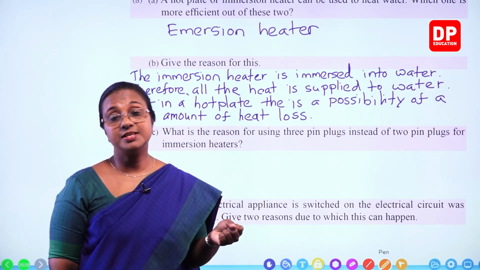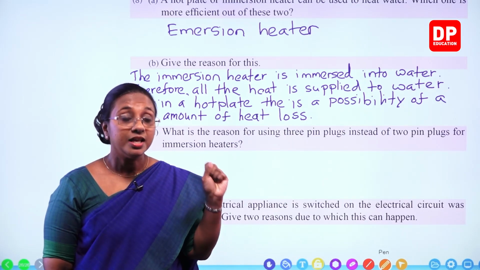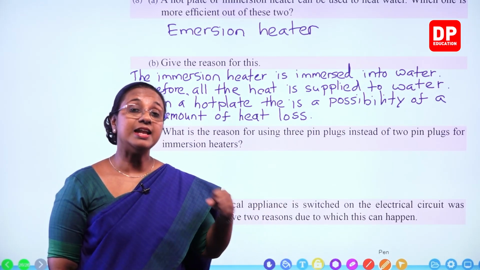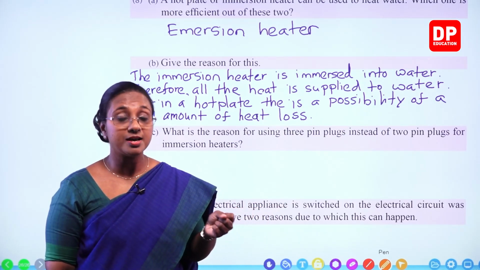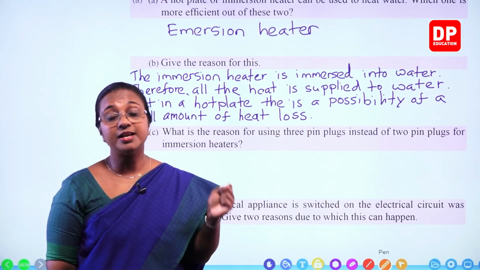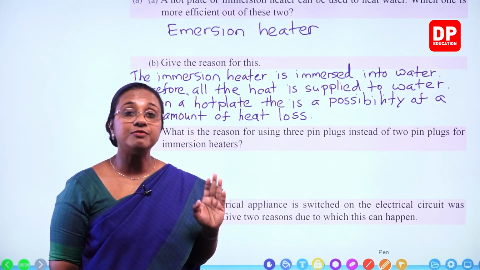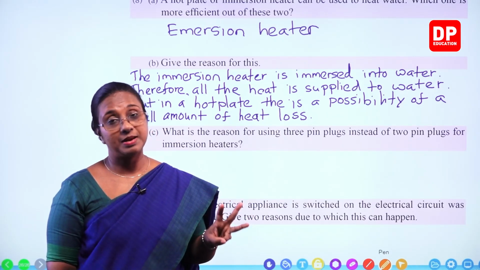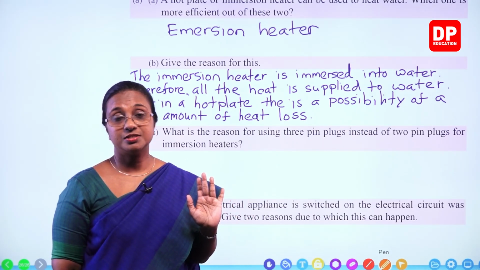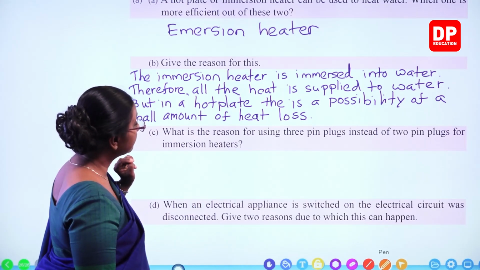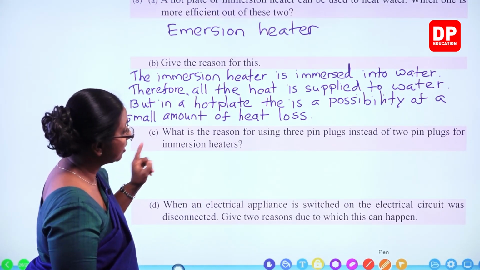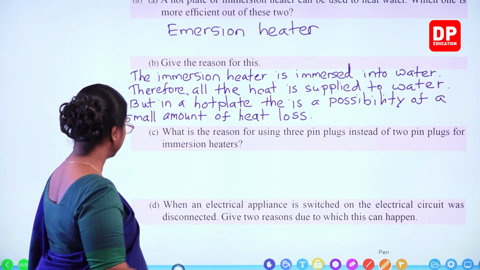So if there is an electricity leakage, it has to be earthed and it has to be connected to the RCCB, residual current circuit breaker. So because of that, you have to use a 3-pin plug. Is that clear, students?